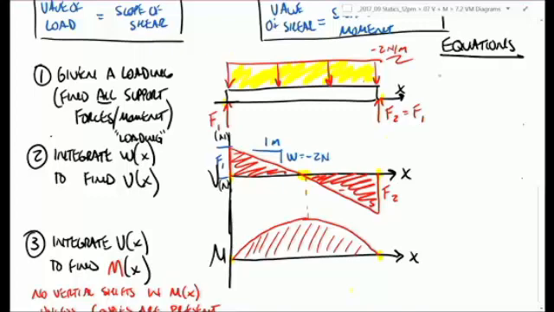And so we could say over here that w as a function of x is equal to, I'm going to write this in general terms instead of putting it in terms of -2 newtons per meter. I'm just going to call this w, like a constant value of that distributed load. So w as a function of x is equal to negative w. This negative is just to emphasize that it's going down.